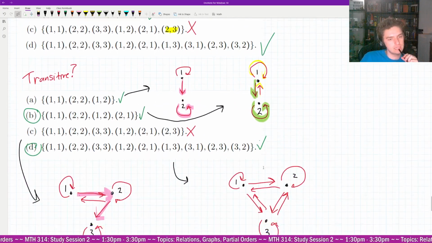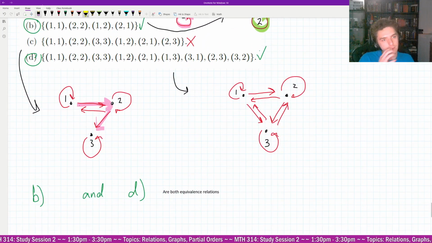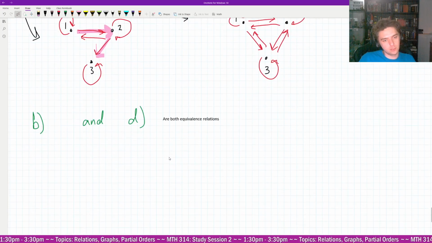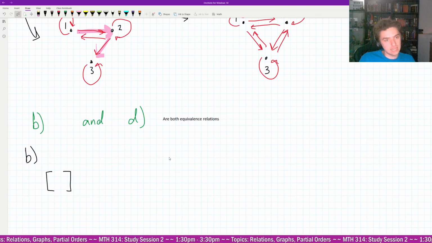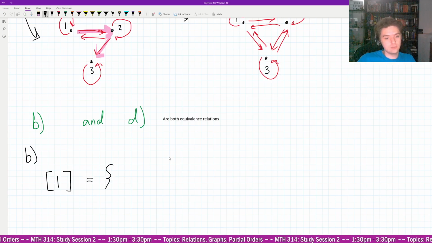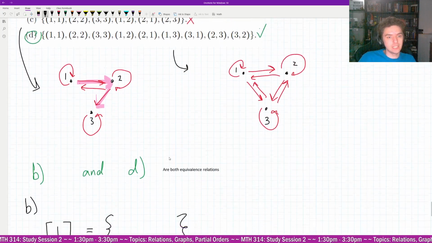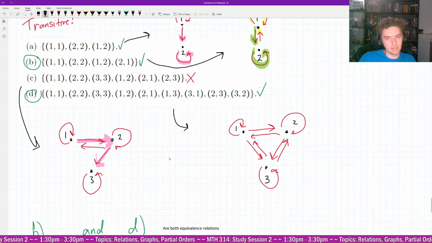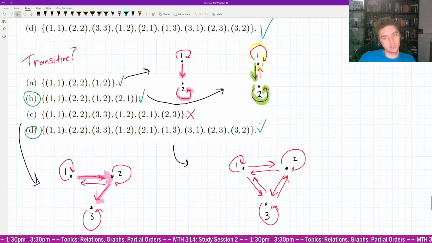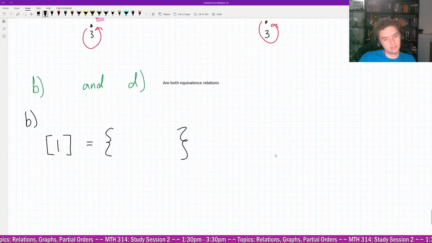Describe the equivalence classes, right? So for B, we have the equivalence class of 1. The equivalence class of 1 is all the elements which are related to 1. Let's look at B. B's here. So 2 is related to 1, and 1 is related to 1, right?